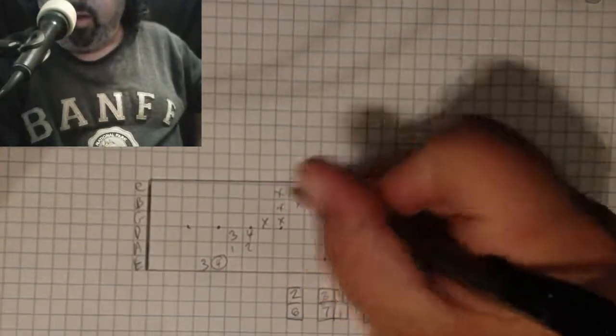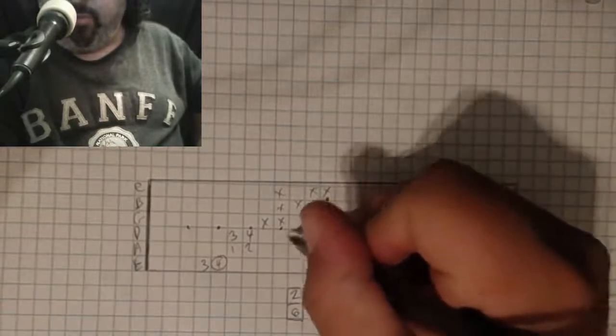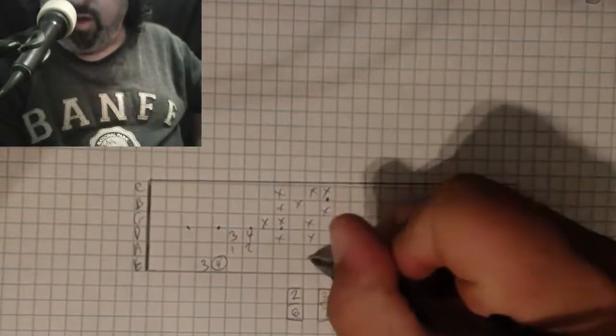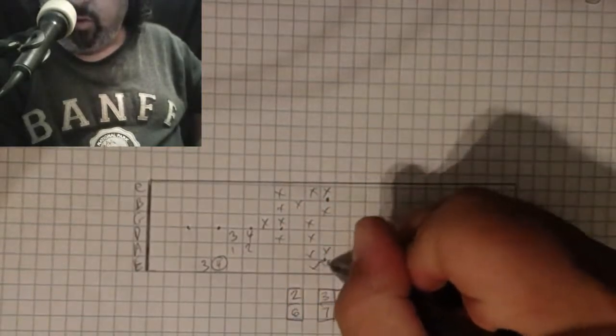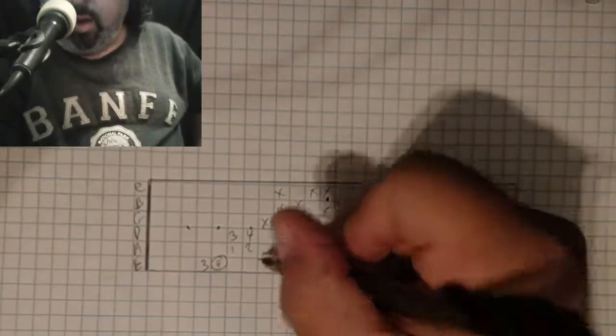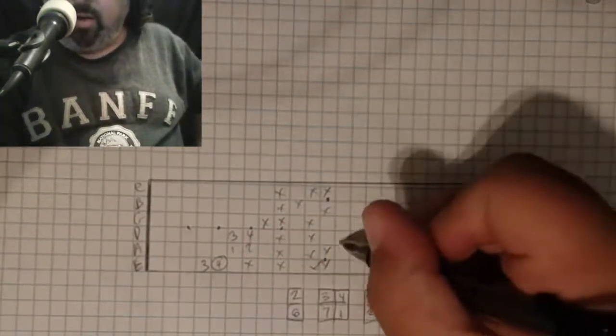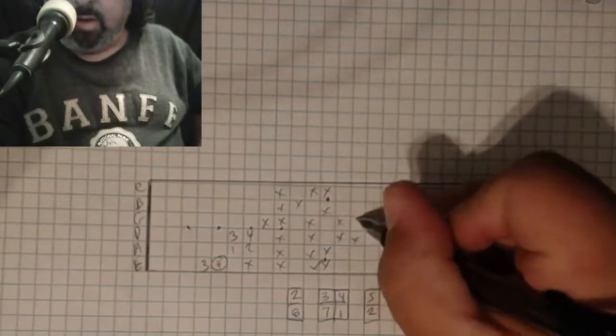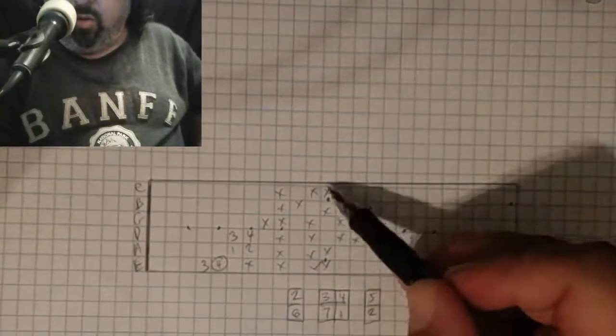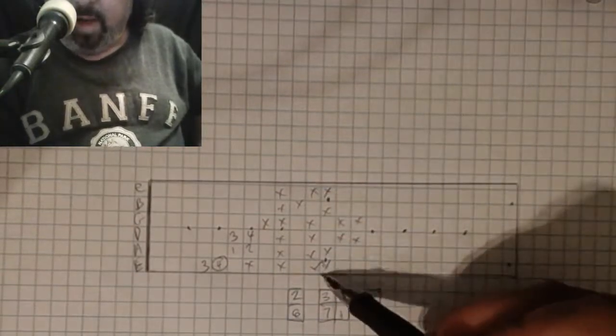Then in my mind's eye, I have the Aeolian pentatonic shape right there. It means that there's a full square right there, and we probably have a note right there. Here's one row. We go to the top. Here's our second row.